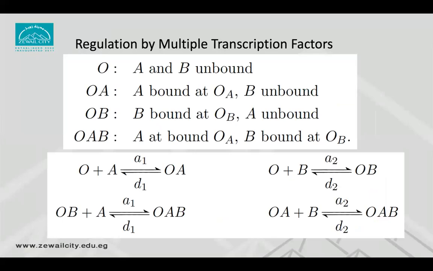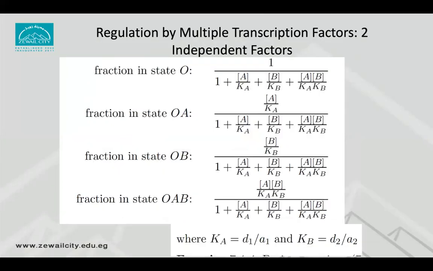And then we can go through this process if we have multiple transcription factors. And then it turns out that our expressions are going to depend on both binding constants and the concentration of both transcription factors and also the product of the concentrations.